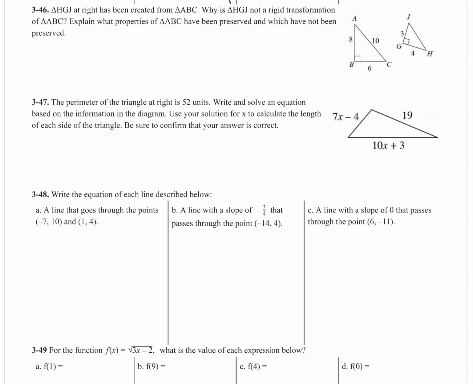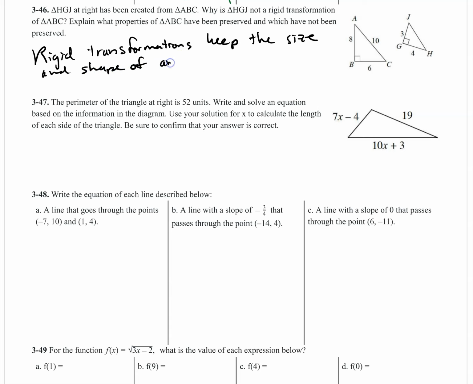Okie doke, 3-46. HGJ has been created from ABC. Why is HGJ not a rigid transformation of ABC? Rigid transformations keep the size and shape of an object.